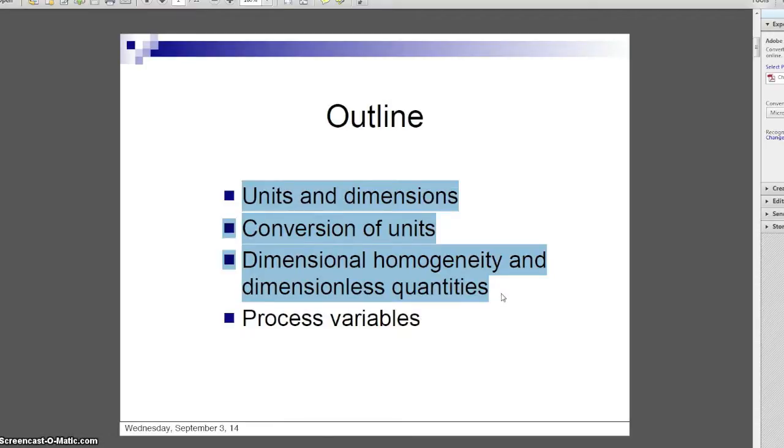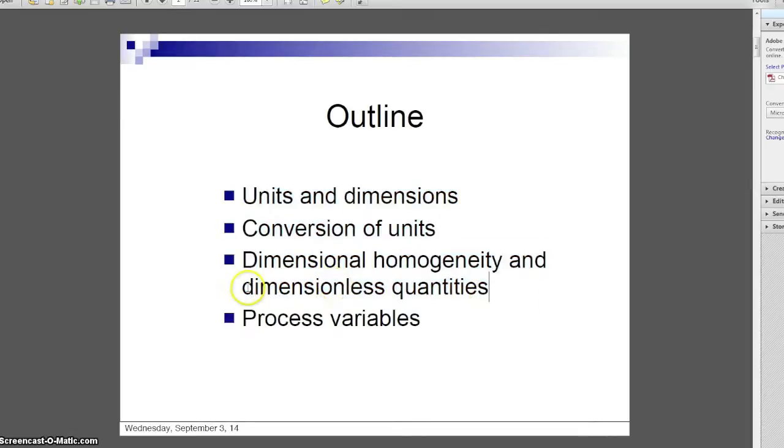I forgot to mention dimensionless quantities before, so let's go quickly on that. A dimensionless quantity is, let's say you divide length over length, so the length is cancelled out, and in the end you get a dimensionless quantity, which is basically a ratio of length. So yeah, as simple as that.